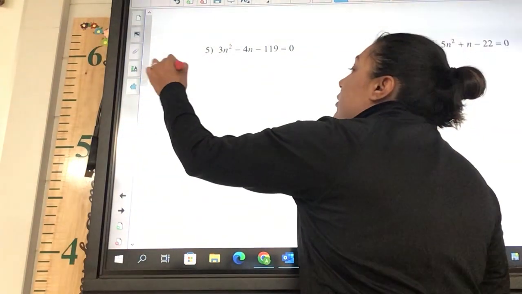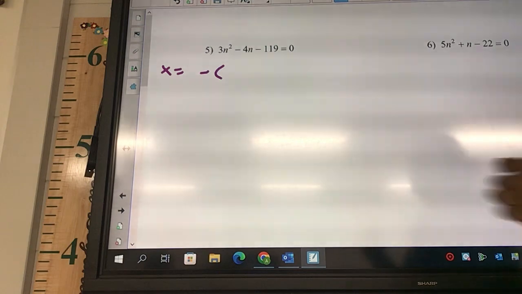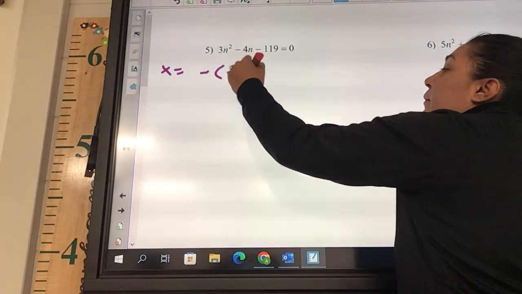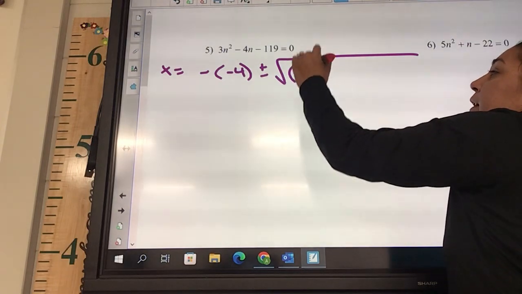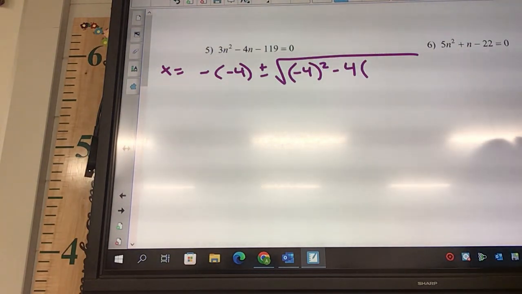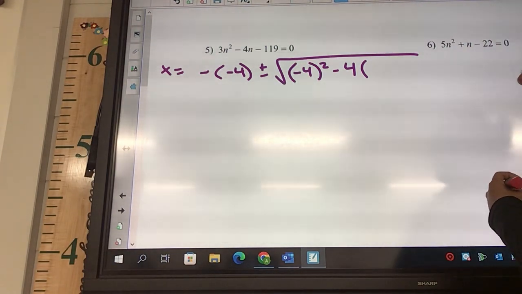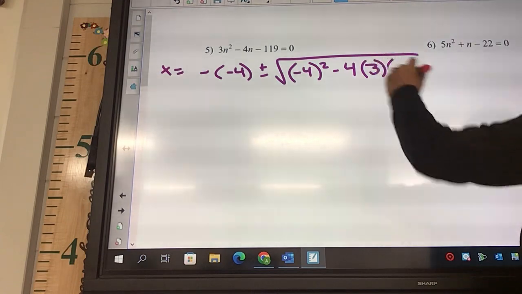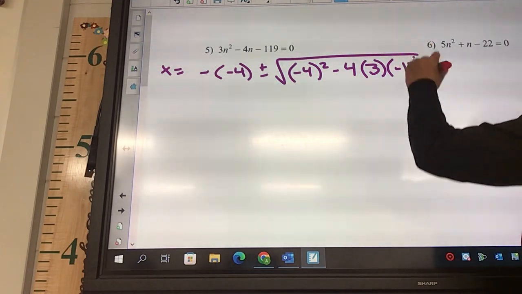I got x equals negative, what is my b? Negative 4. Plus or minus b squared minus 4. What is my a? 3. C, negative 119.